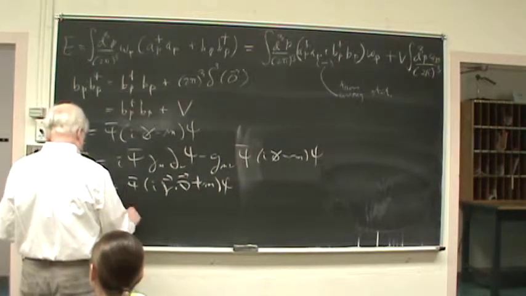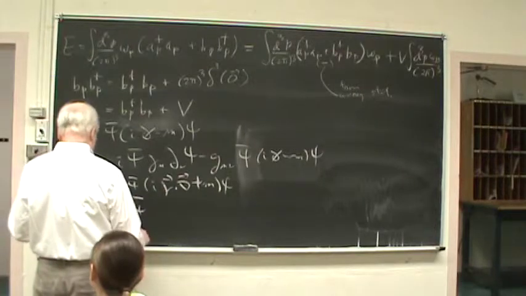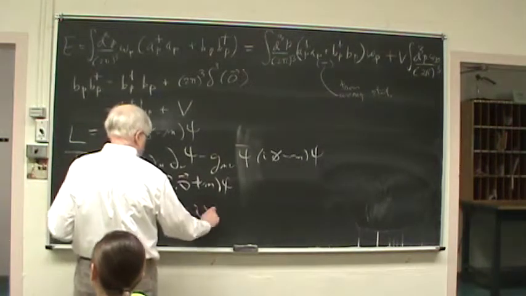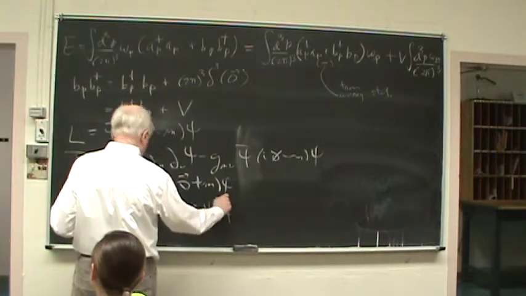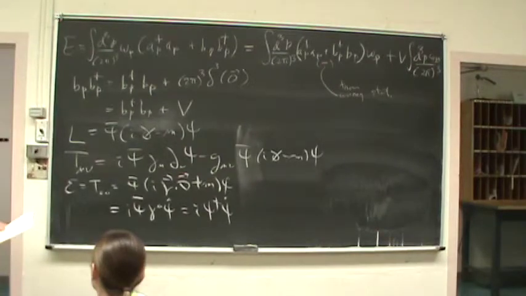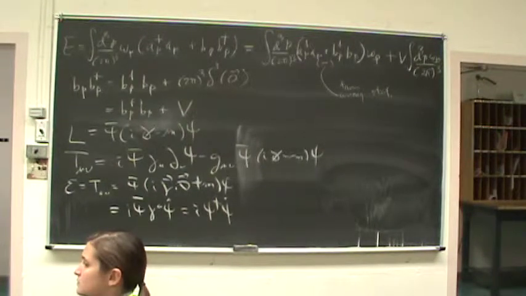When we do, what we find is this is iψ-bar γ^0 ψ-dot, which equivalently is iψ† ψ-dot. These are two different ways of writing it. Now we're going to evaluate this and see what we get. Any questions?